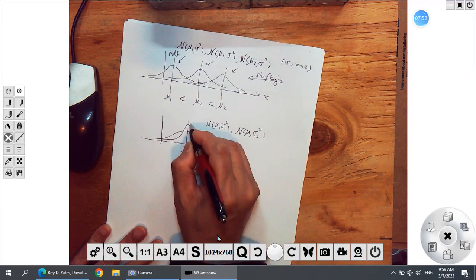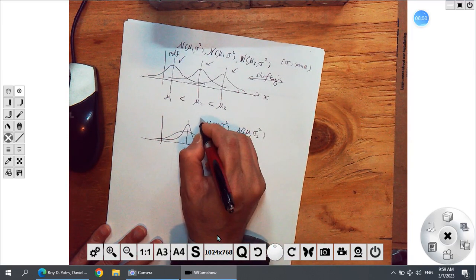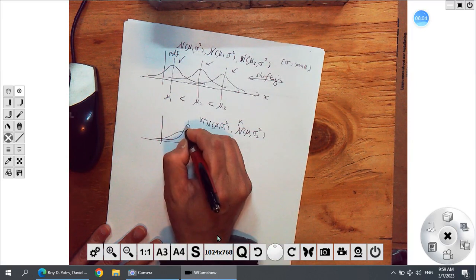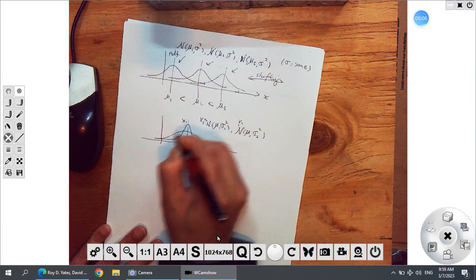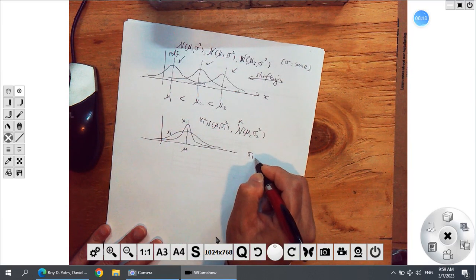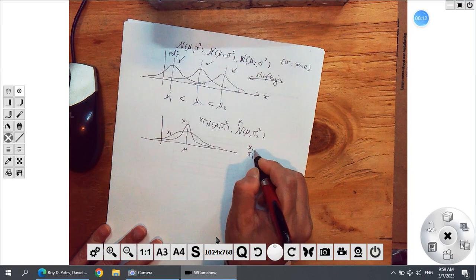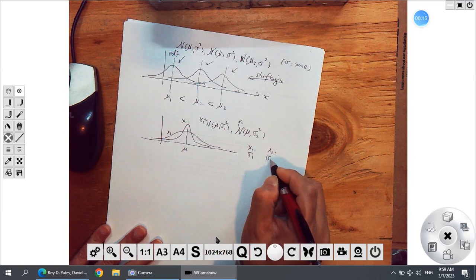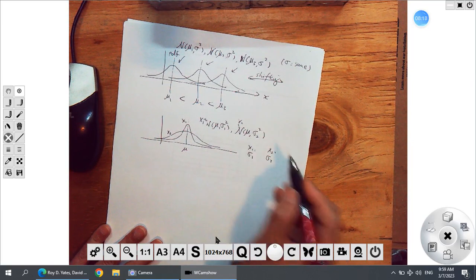Let's say this is x1 and this is x2. For x1 we have sigma 1, and for x2 I have sigma 2. The parameter mu is the same.